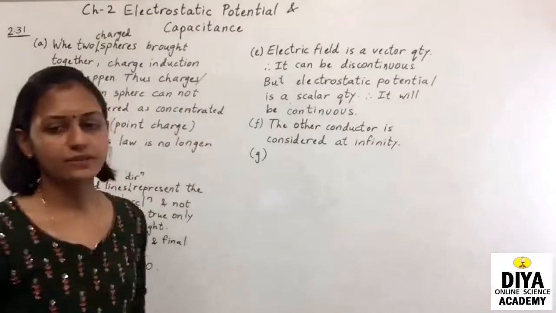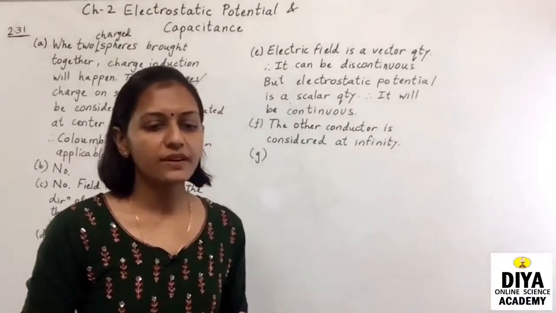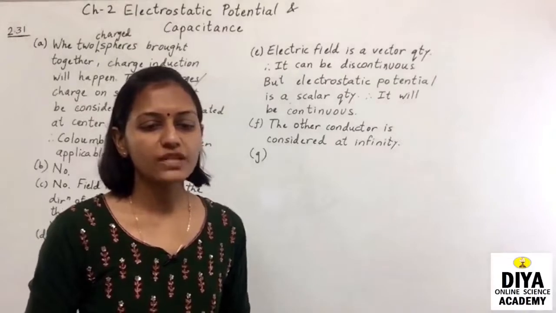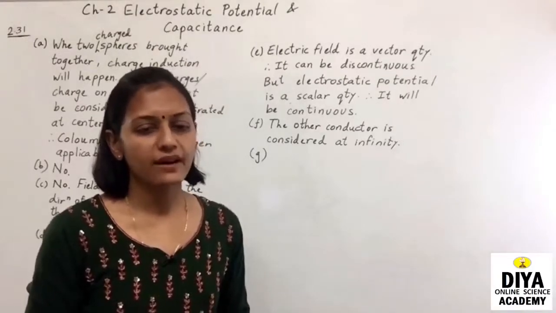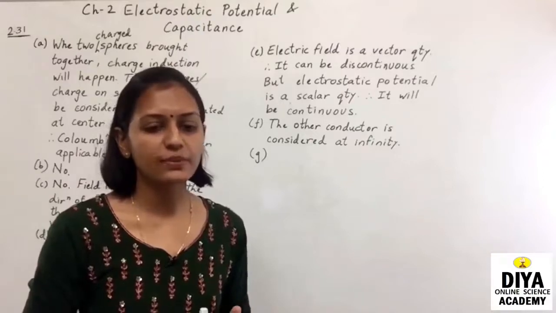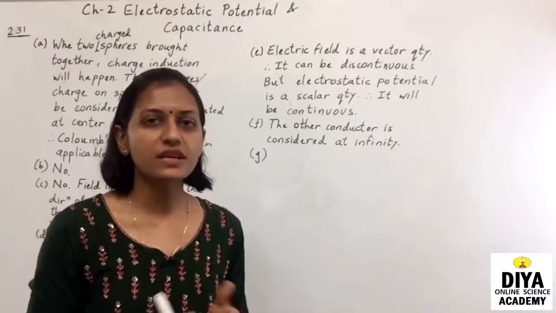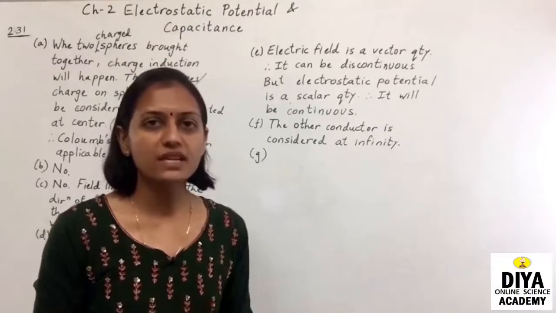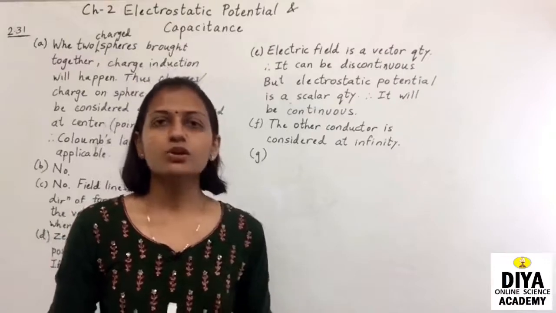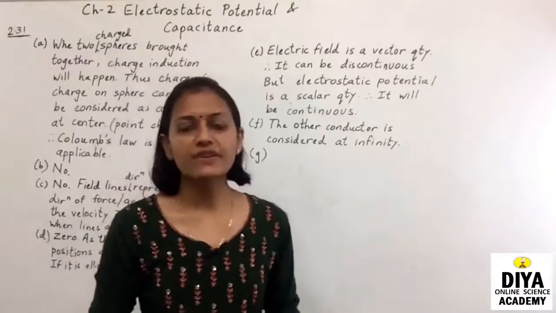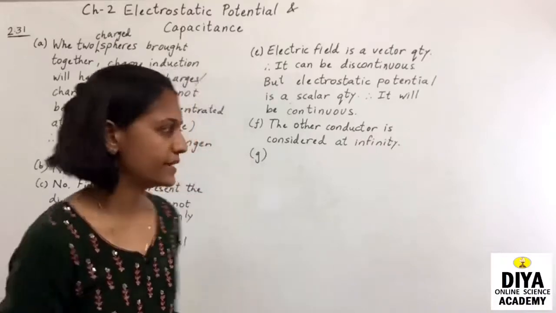Then next, G, guess a possible reason why water has a much greater dielectric constant than, say, mica. Water has a dielectric constant of approximately 80 and mica has 6. So what is the reason that these two have such a big difference in dielectric constant? Water has a very strong and permanent dipole moment.